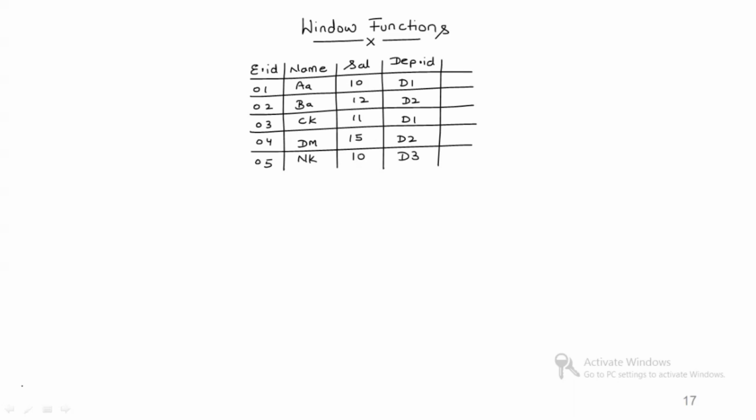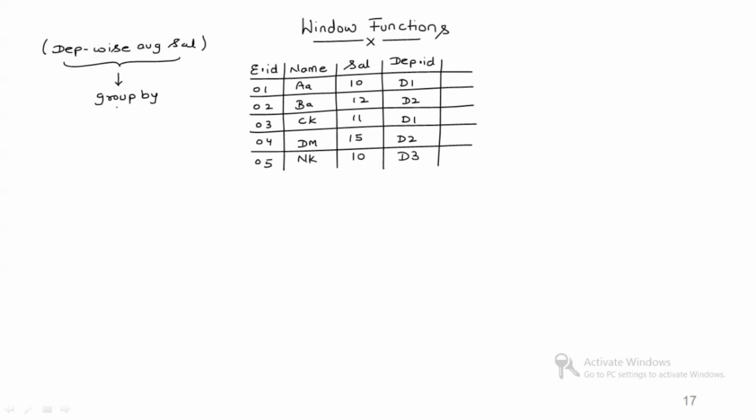Now, if I ask you to find the department-wise average salary, for this question you will be required to use group by, because the question asks for department-wise average salary.